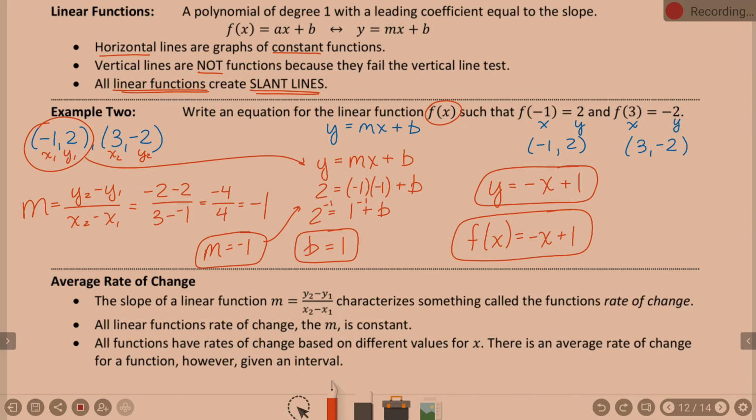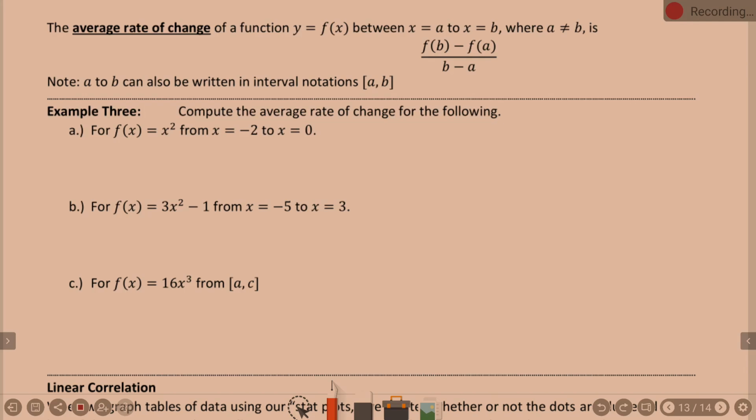Now, the average rate of change of a function from x equals a to x equals b, on a given interval, as long as a and b are not the same, is f of b minus f of a over b minus a. With that in mind, f of b and f of a are what kind of values? They're the output values, so they are y values.